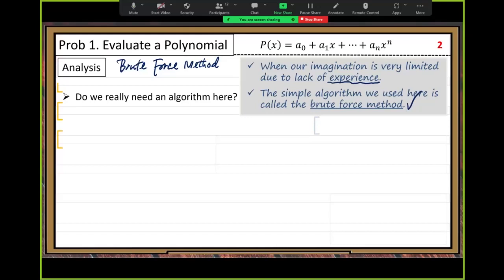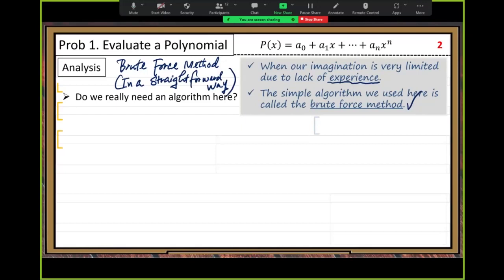Just do it in a straightforward way. That's the brute force. No technique is needed.